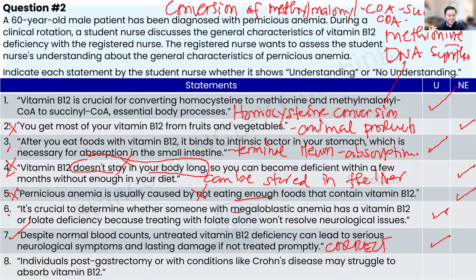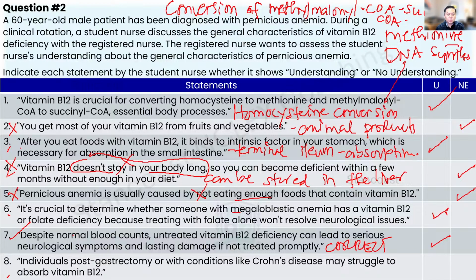So by the time the diagnosis was established late, the patient already had significant changes, the cognitive disorders. Now, talking about number 8 here, individuals post-gastrectomy or with conditions like Crohn's disease may struggle to absorb vitamin B12.